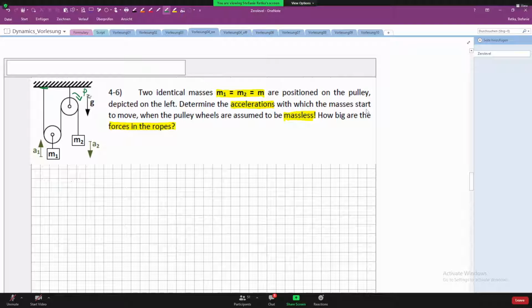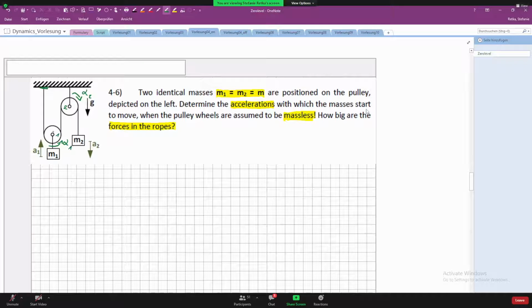If you talk about accelerations, then it would be alpha. Let's call this pulley number 2, and then this is alpha 2. And this is pulley number 1. Then the rope moves over the first pulley, the pulley on the left. And this means that this pulley has to rotate in this direction with alpha 1.